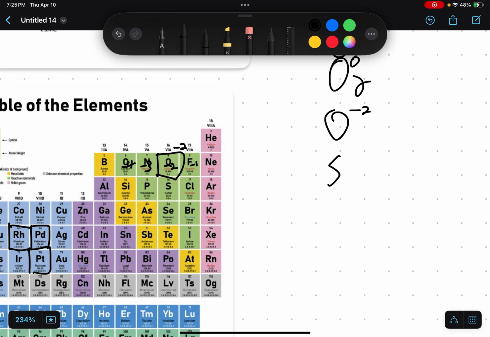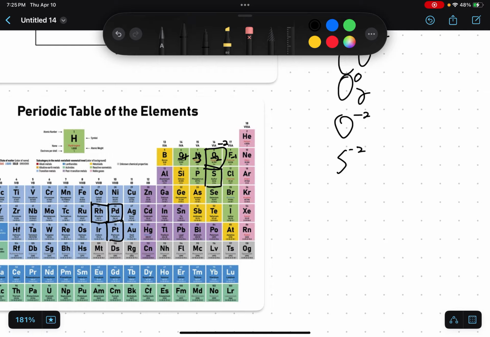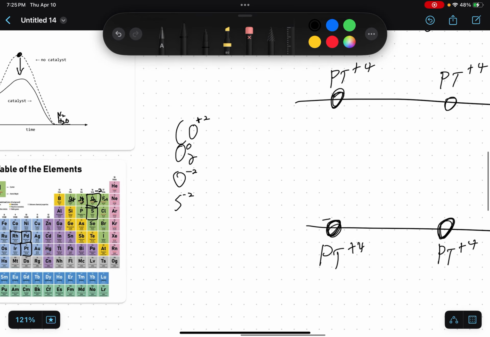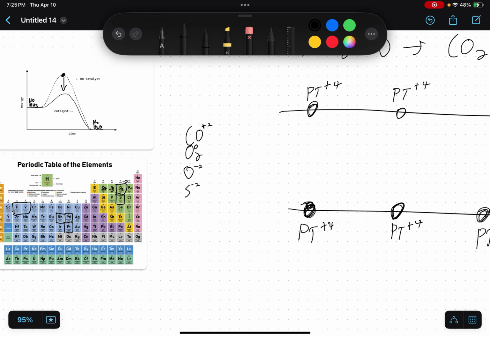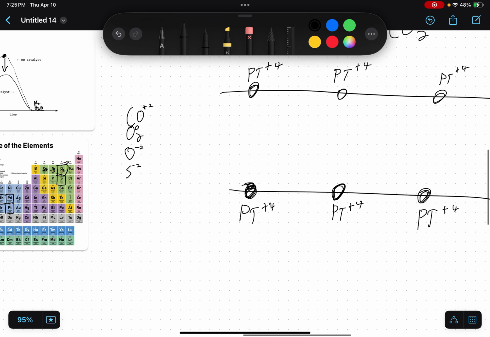So if there's sulfur right there, it's also a -2, so it's the same as oxygen. What can happen is the sulfur can go in and take up one of the spots that oxygen would have taken up. And then that means that oxygen can't go there. Let's say an oxygen is there and a sulfur is there.